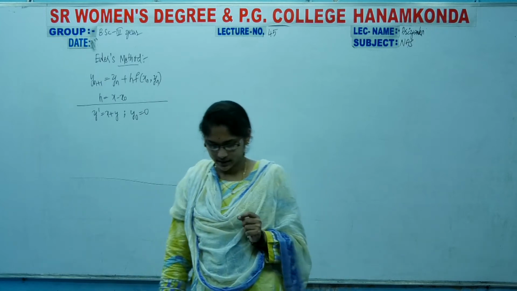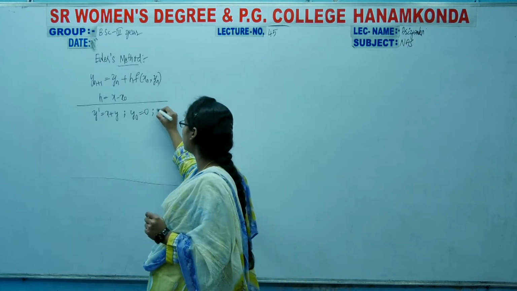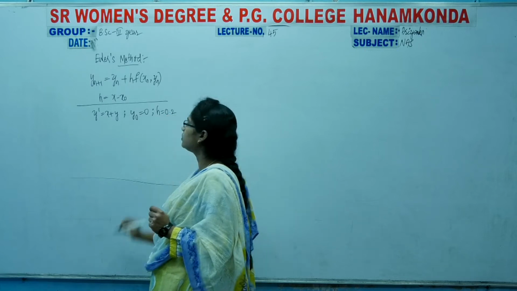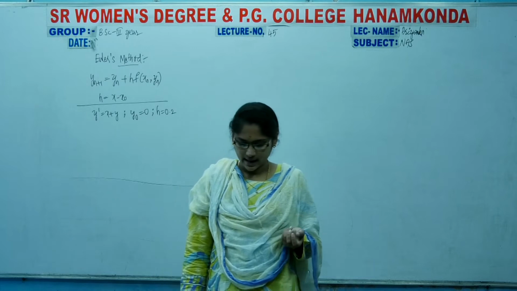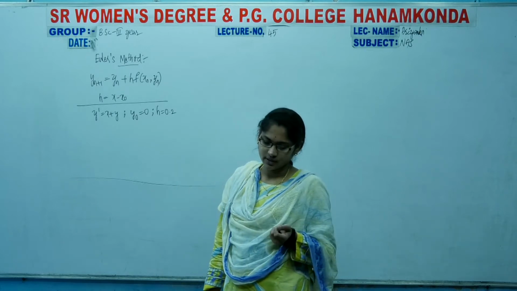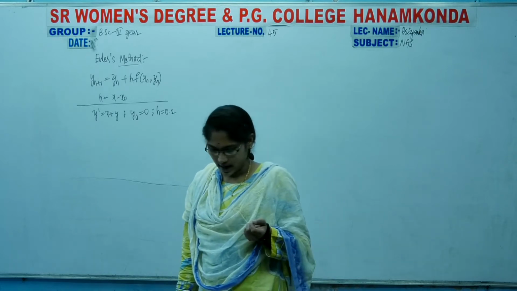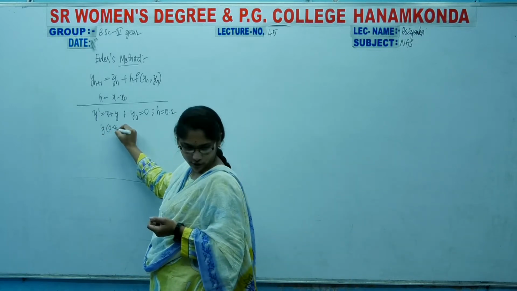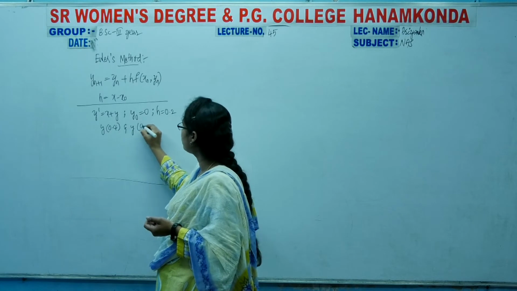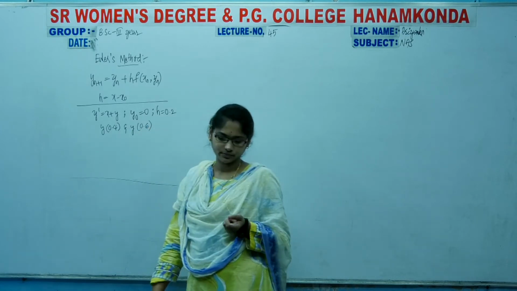Choosing the step length h equal to 0.2. Write in bracket: carry out 6 steps and compute y of 0.4 and y of 0.6.